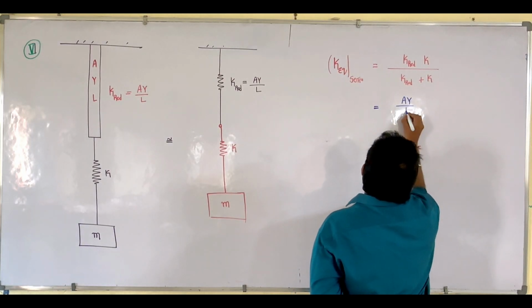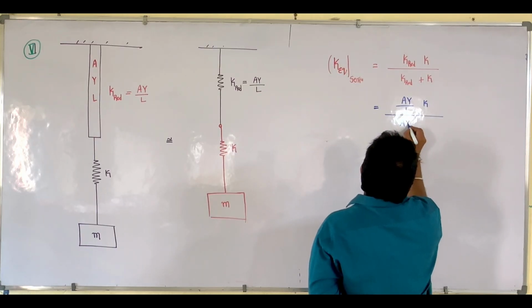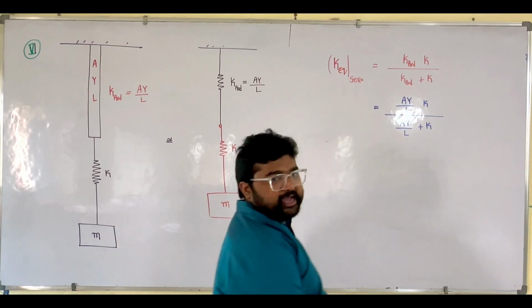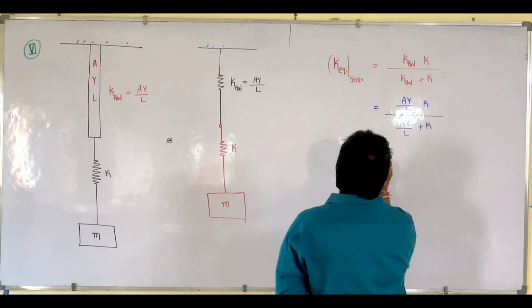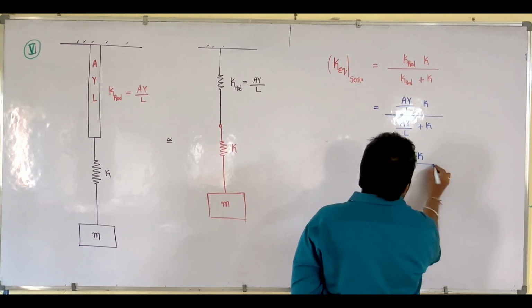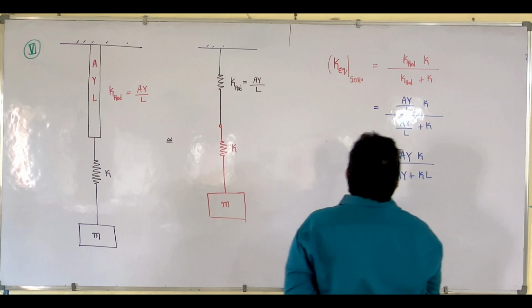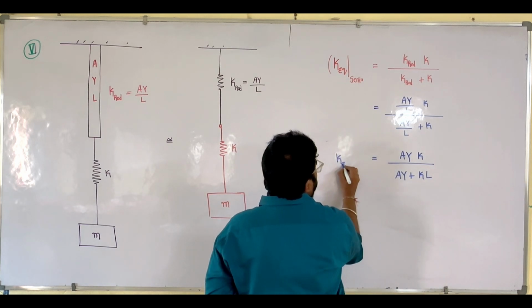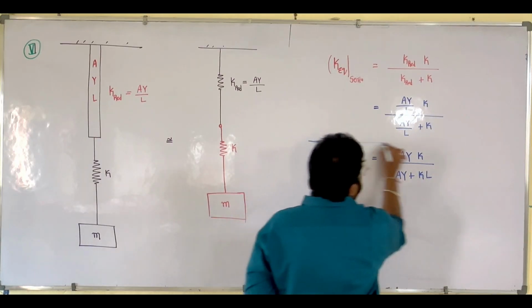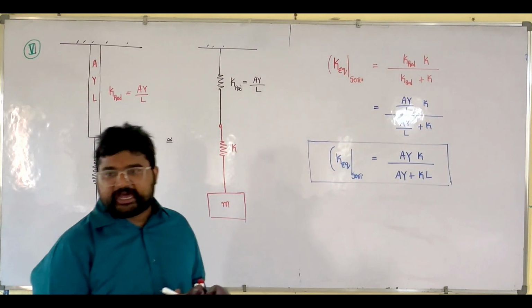A Y by L into K by (A Y by L plus K). So we get A Y into K by (A Y plus K L). This is the K equivalent in series combination.